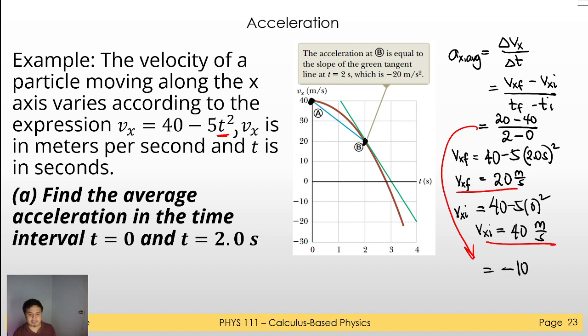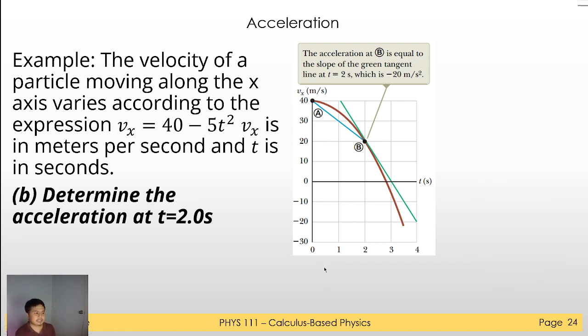So negative 10 meters per second squared, so this will be the unit. What does this mean? This means that our velocity is decreasing, meaning the acceleration is going to the left. It is counteracting that velocity going to the right. Okay? It means it is decreasing.